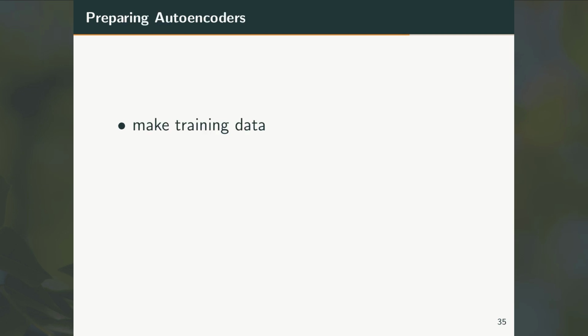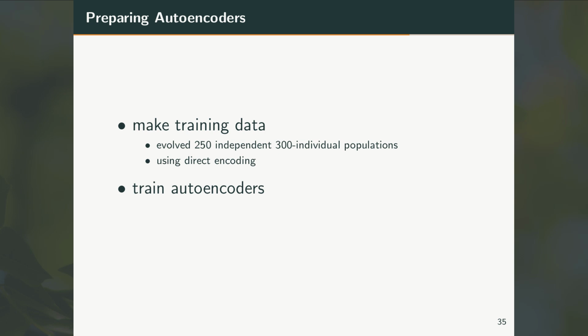perfectly level table. So to prepare the autoencoders, we made training data by evolving different populations using a direct encoding, where each individual leg length of the hypothetical table was encoded separately, and then we trained the autoencoders.